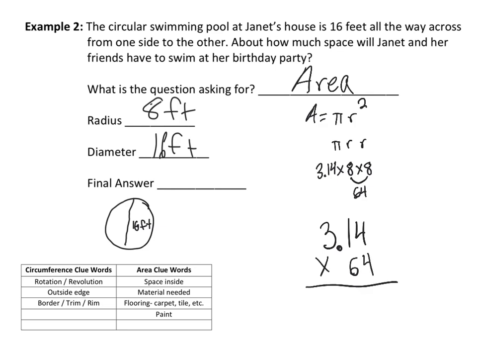4 times 4 is 16. Carry the 1. 4 times 1 is 4, plus 1 is 5. 4 times 3 is 12. We're done with the 4. I put an x for place value. 6 times 4 is 24. Carry the 2. 6 times 1 is 6, plus 2 is 8. 6 times 3 is 18.